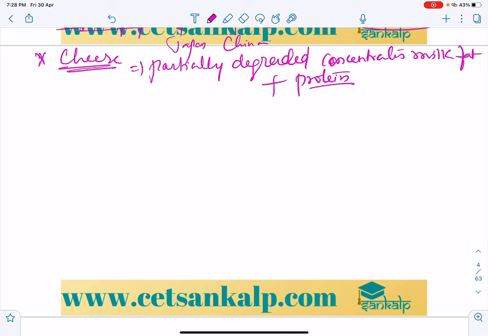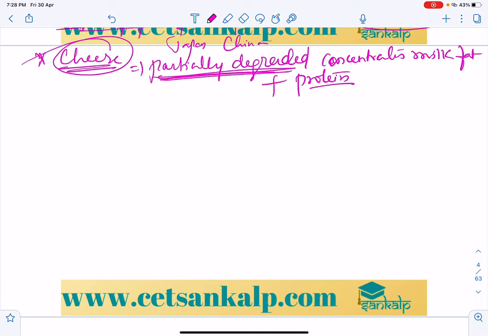When milk sugar, that is lactose, and protein, that is casein, are completely coagulated, that gives curd. If it is partially degraded, it gives cheese. If it is completely degraded, that is curd. You have to keep it in mind.